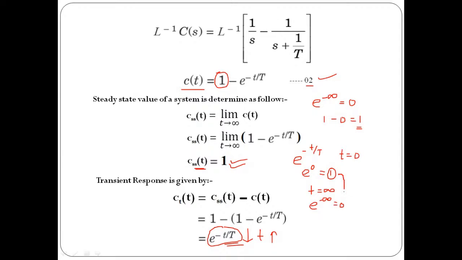That means it gradually goes on reducing. That means the transient response is dying out and the response of the system is reaching its actual value, which is nothing but 1. Hence the system is absolutely stable. That is important. I hope this point is clear to everyone.